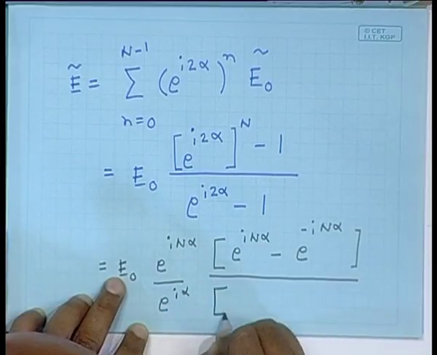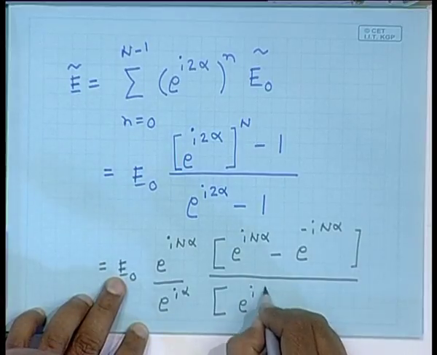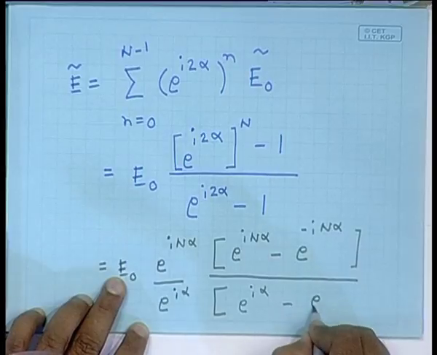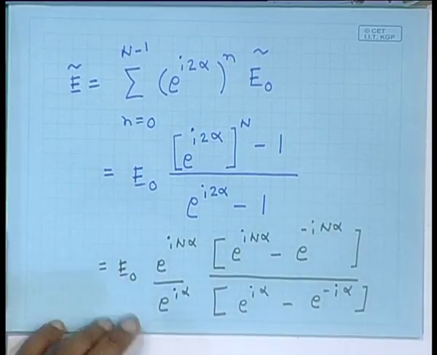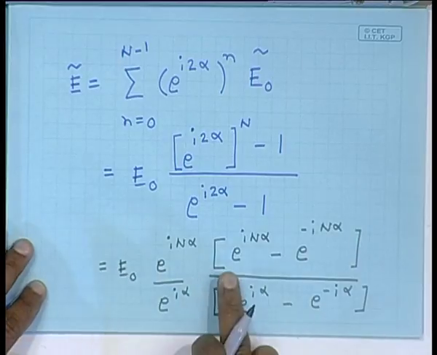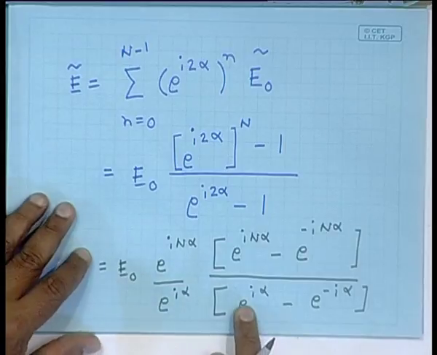So, in the denominator I will have e to the power I alpha minus e to the power minus I alpha, and you can see that this is going to be sine n alpha, this is going to be sine alpha.